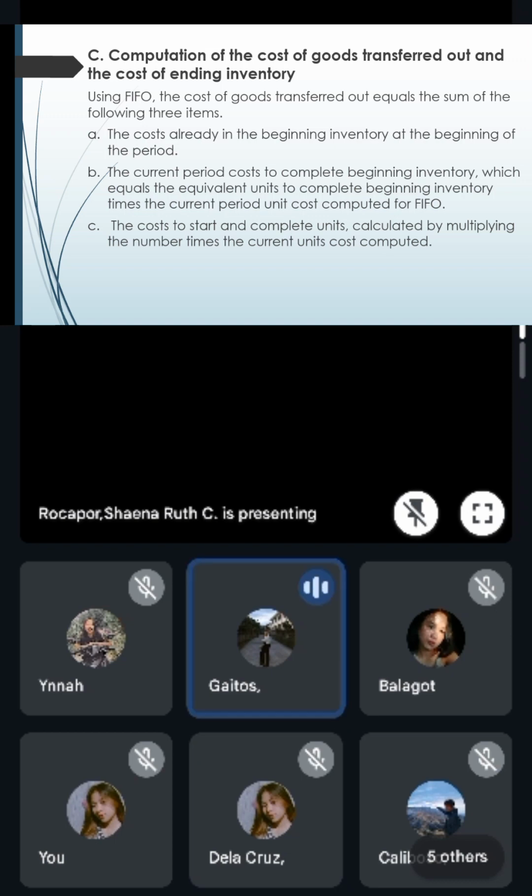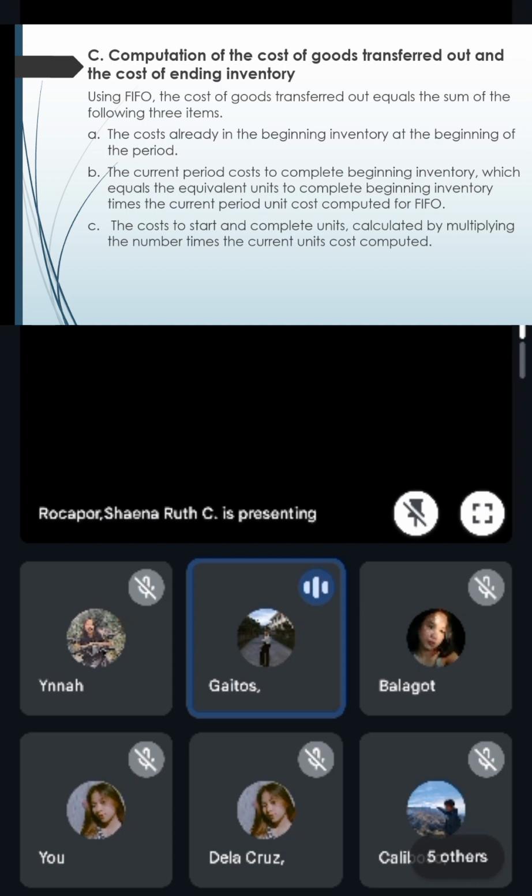C. Computation of the cost of goods transferred out and the cost of ending inventory. Using FIFO, the cost of goods transferred out equals the sum of the following three items. A. Cost already in the beginning inventory at the beginning of the period.